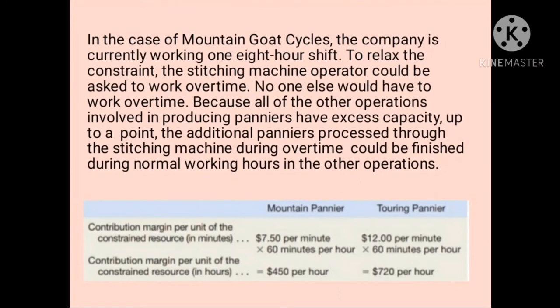In the case of Mountain Goat Cycles, the company is currently working one 8-hour shift. To relax the constraint, the stitching machine operator could be asked to work overtime.